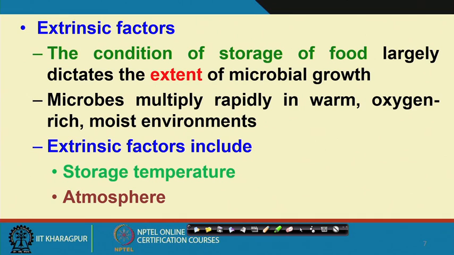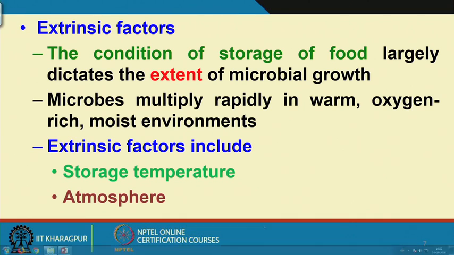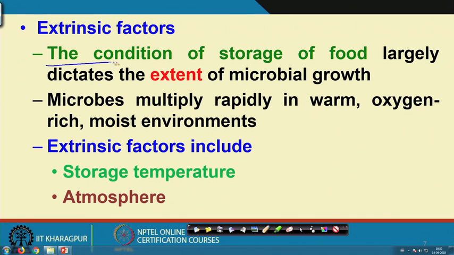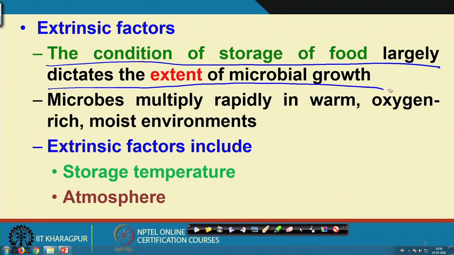So, we can say that the condition of the storage of food largely dictates the extent of microbial growth. Out of the extrinsic factors, one primary one is the condition under which you are keeping your food material, right.